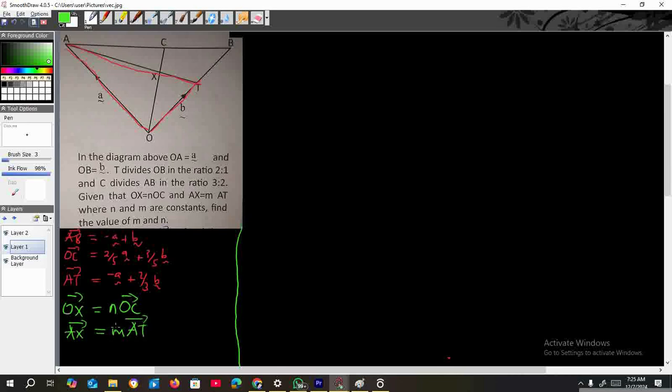So that means OX is going to be given by N into OC, and we've already found OC here, which will be now 2/5 A plus 3/5 B. Opening this will give us 2/5 N A plus 3/5 N vector B.